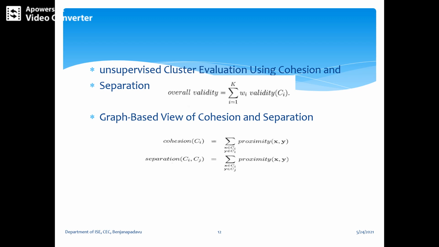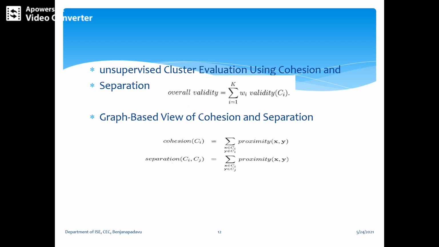The second is the graph-based view of cohesion and separation. So this is the case for a graph-based cluster. The cohesion of a cluster can be defined as the sum of the weights of the links in the proximity graph that connect the points in the cluster, which we will see in the next slide.